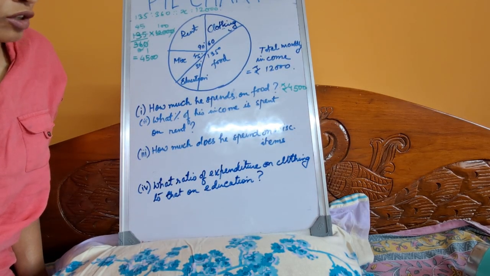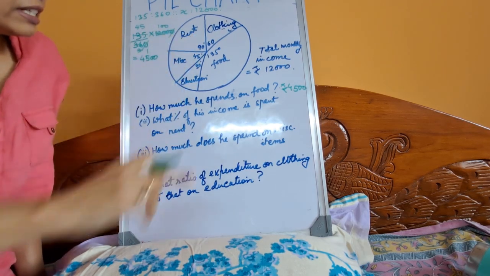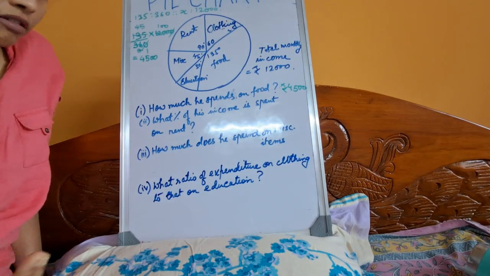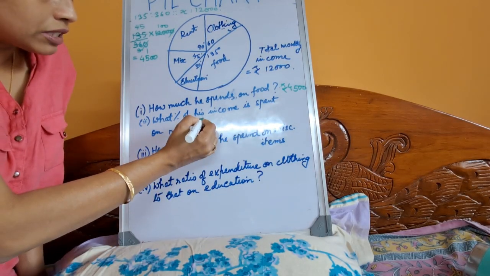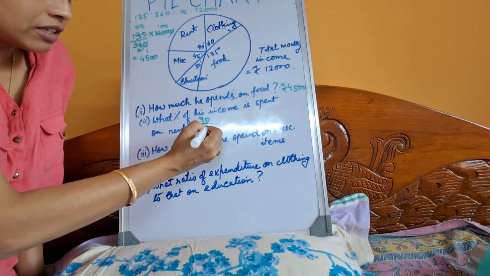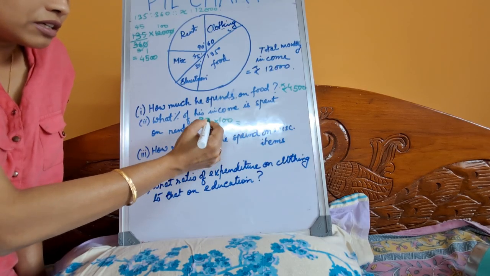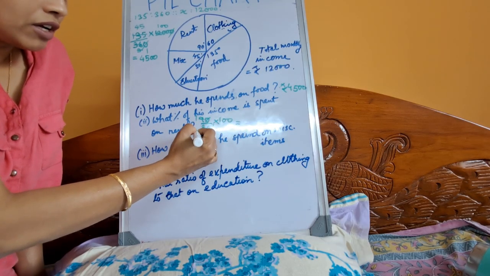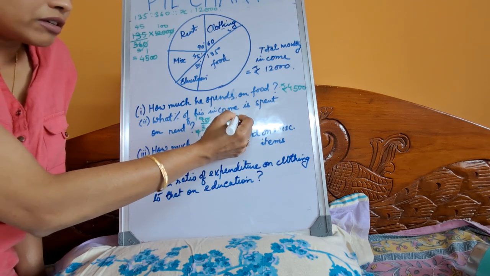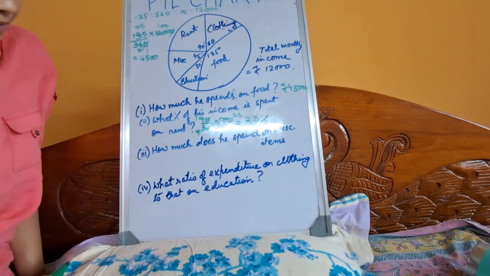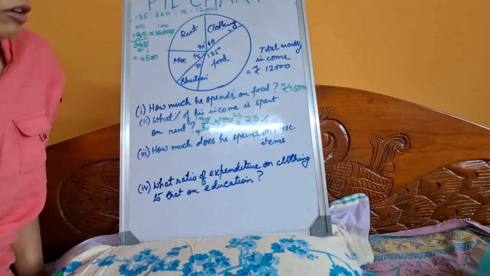What percentage of his income is spent on house rent? So 90 degree, right? Percentage means how much out of 100? I know it's 90 out of 360. So how much out of 100? That's pretty easy. Cut the zeros. 9 fours are 36, 4 and 100. So it is 25%. How much does he spend on miscellaneous items?